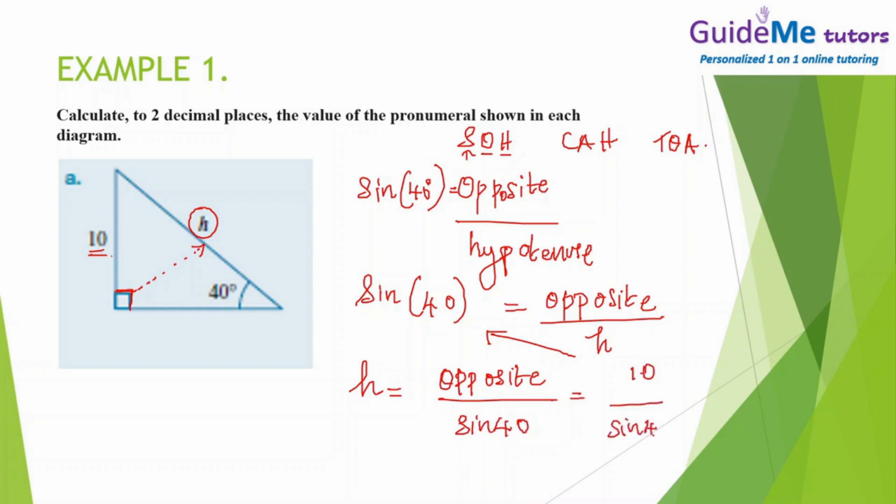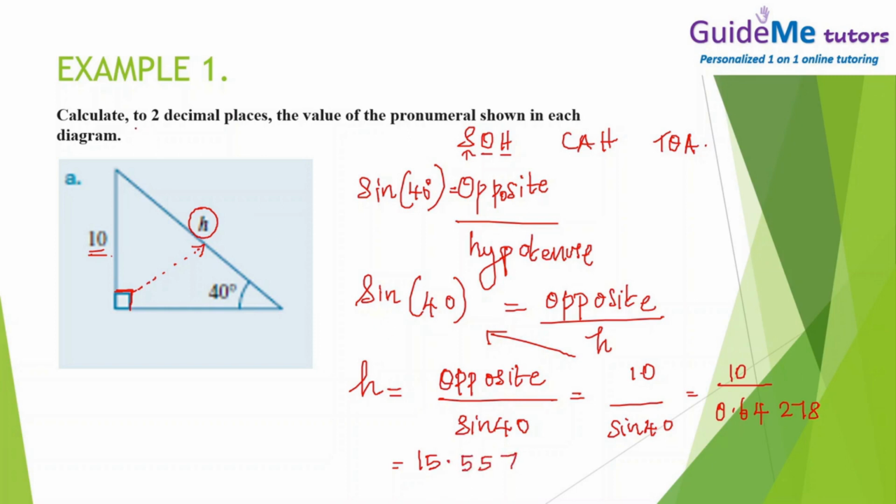If you do, we'll get 10 over 0.64278. You can find the value of sine 40 with the help of the calculator. On solving this, you will get 15.557.